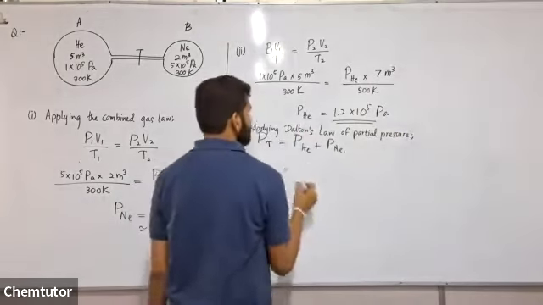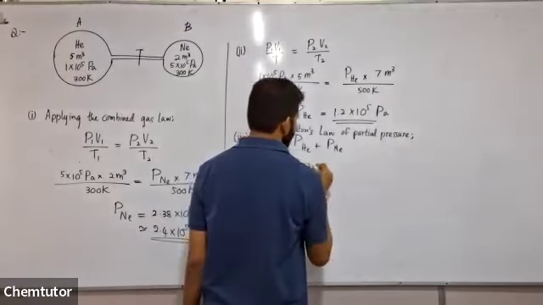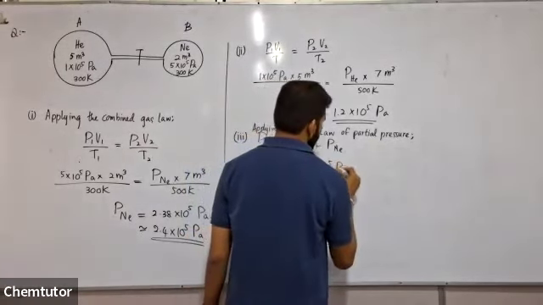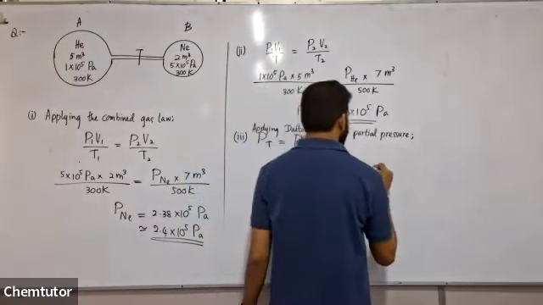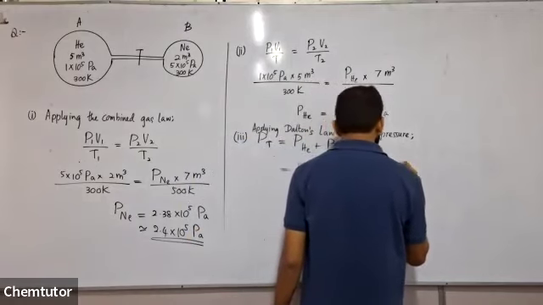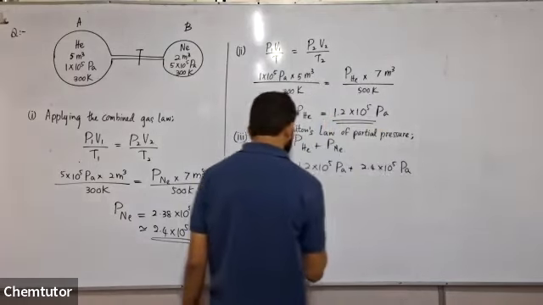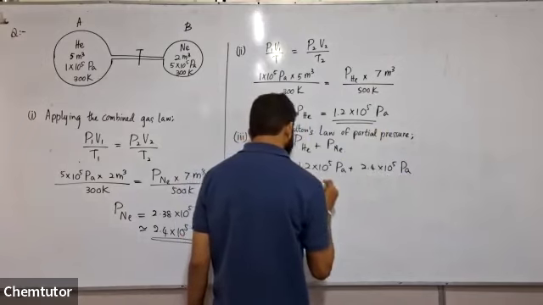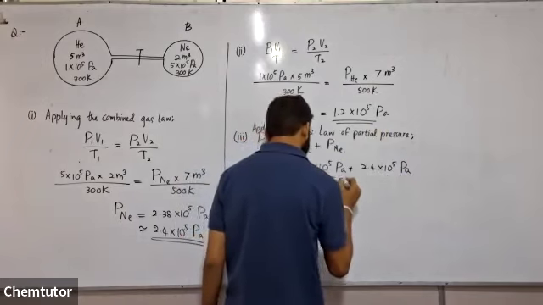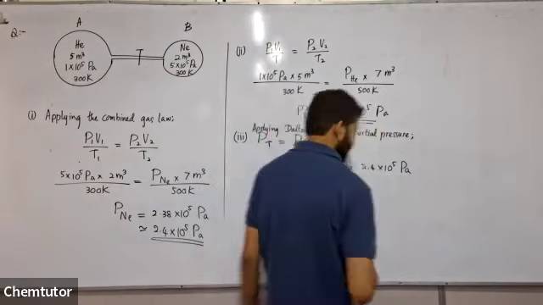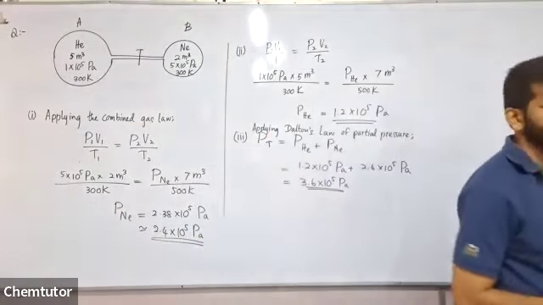So total pressure equals 1.2 into 10 to the power 5 Pascals plus 2.4 into 10 to the power 5 Pascals. Altogether 3.6 into 10 to the power 5 Pascals.